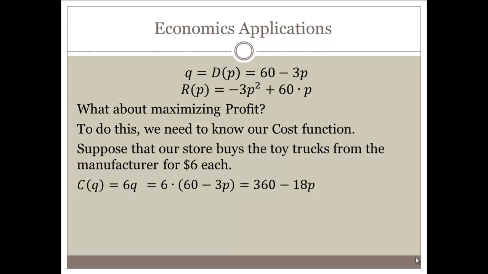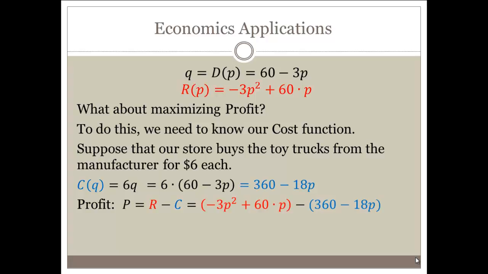Now that we know our cost function and our revenue function, we can find our profit function, because profit is revenue minus cost. In this case, we get that profit is negative 3P squared plus 60P minus the quantity 360 minus 18P, which comes to negative 3P squared plus 78P minus 360.